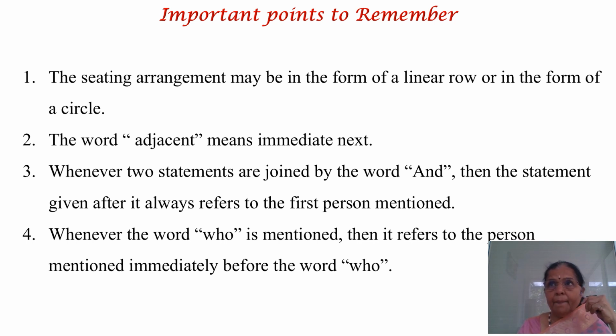Suppose I say, A is sitting between B and C, and he is a farmer. So who is the farmer here? It refers to A, the first person. It's not C who is a farmer, but it is A.